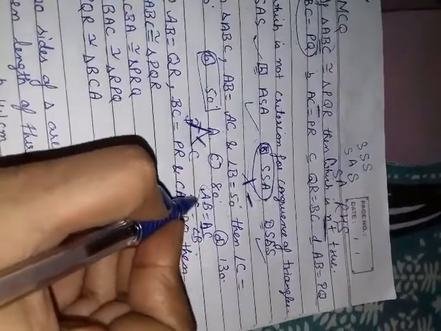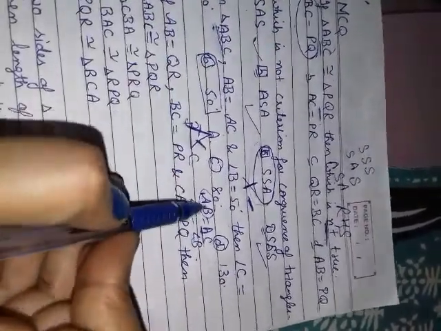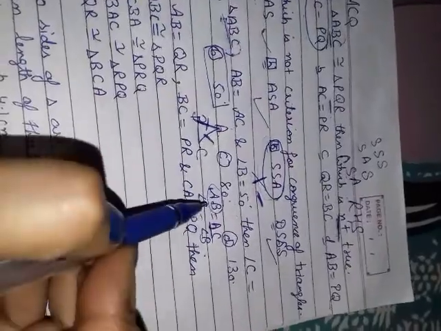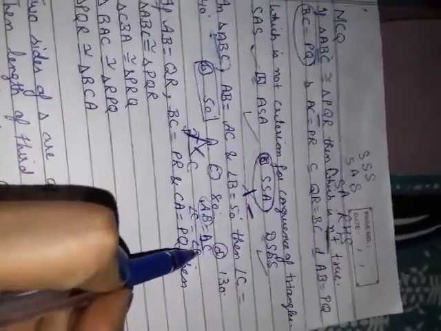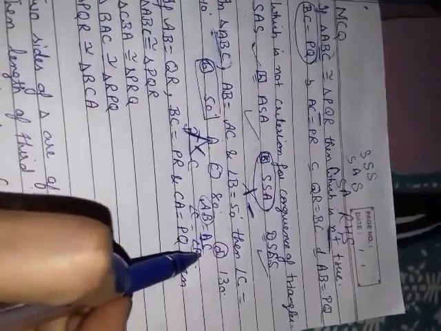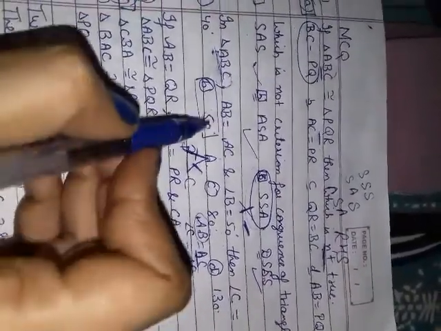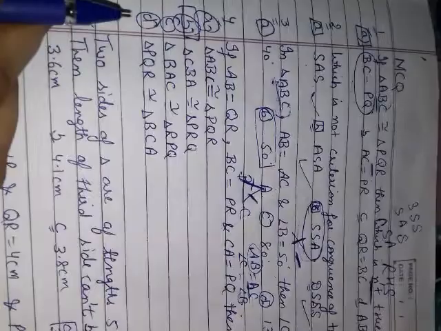Of course C. And the opposite angle of AC is B. So angle B is given to you as 50, so of course C will also be 50. So this is your answer.